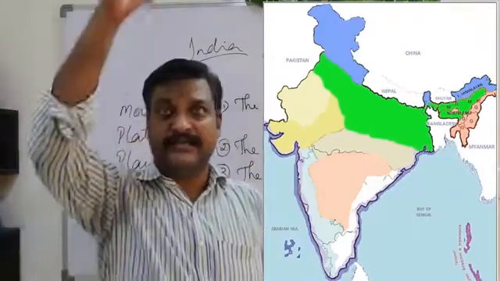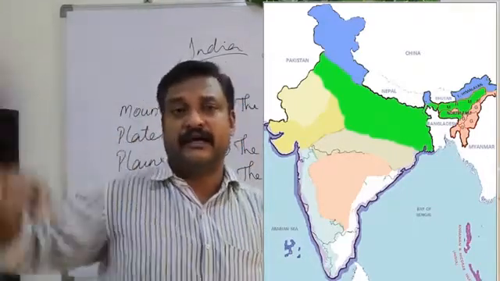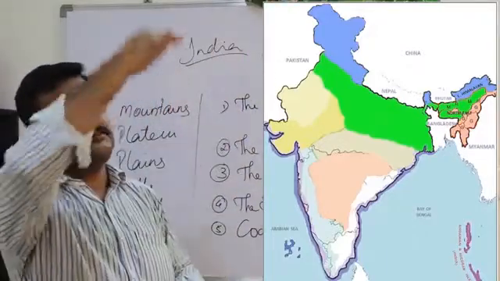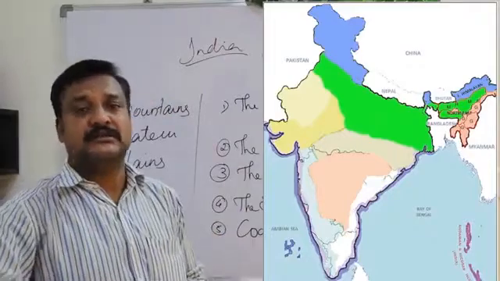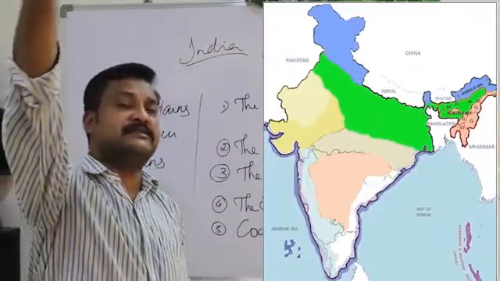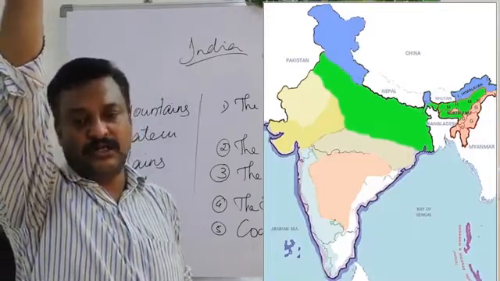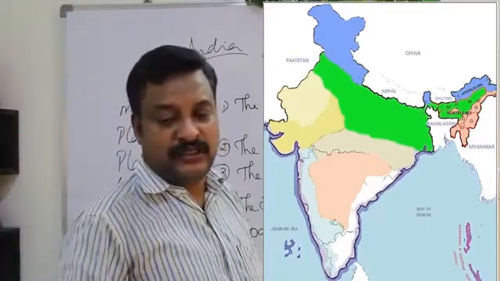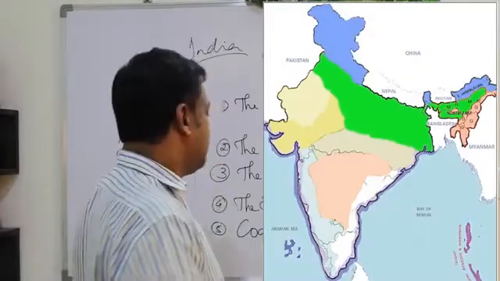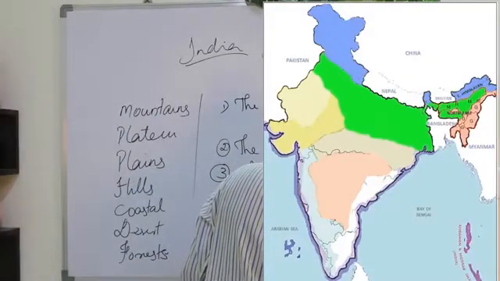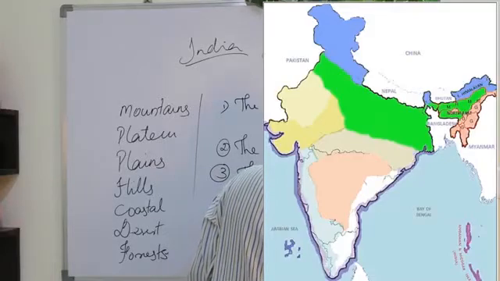Right? A very lengthy coastal area. In the west, it starts from Gujarat and comes through the southern part. It takes the eastern side and ends in West Bengal, and the total length of this coastline is 7,500 kilometers.